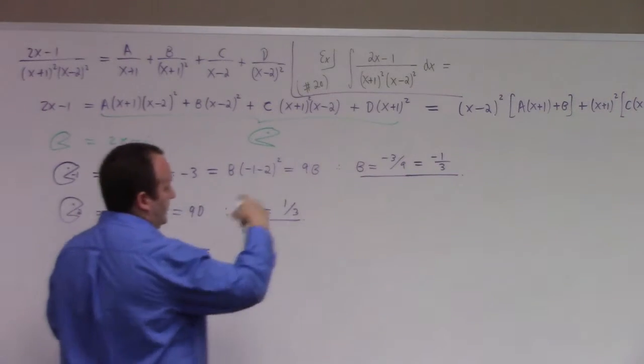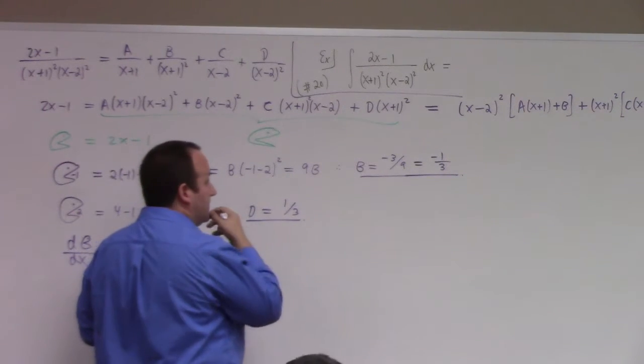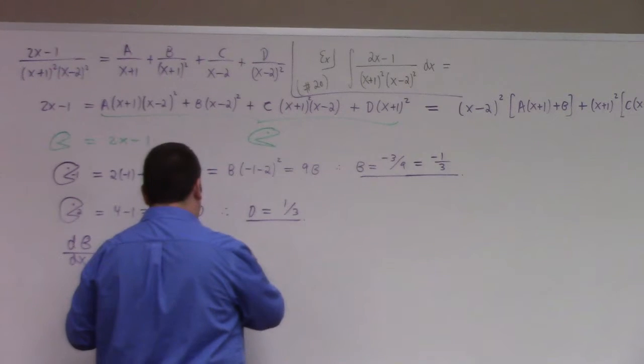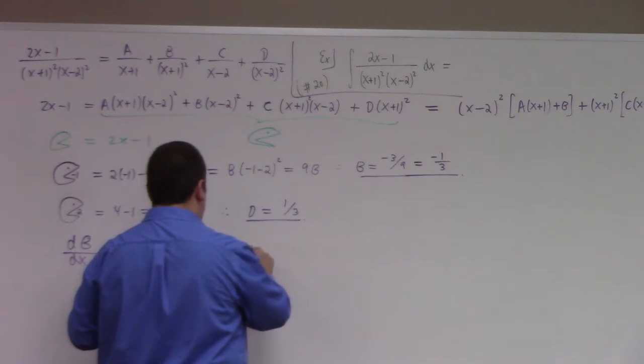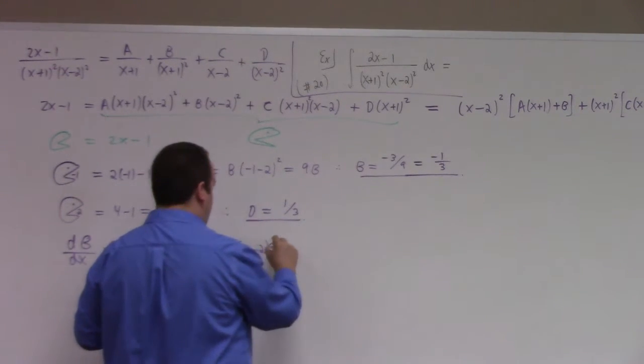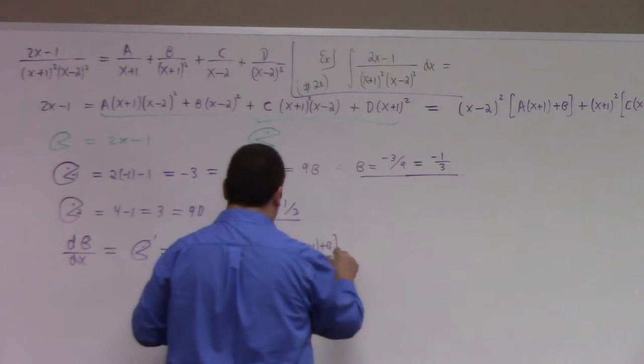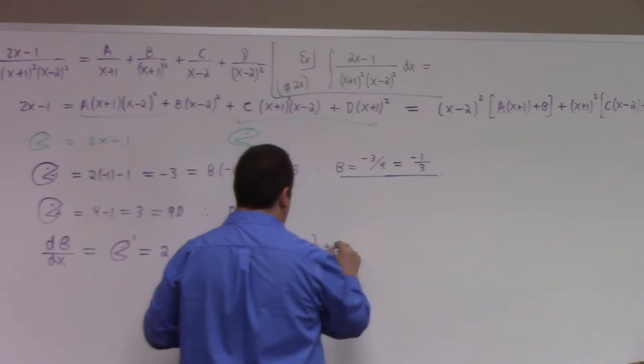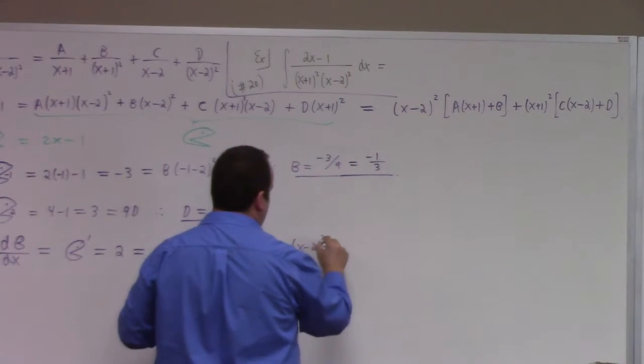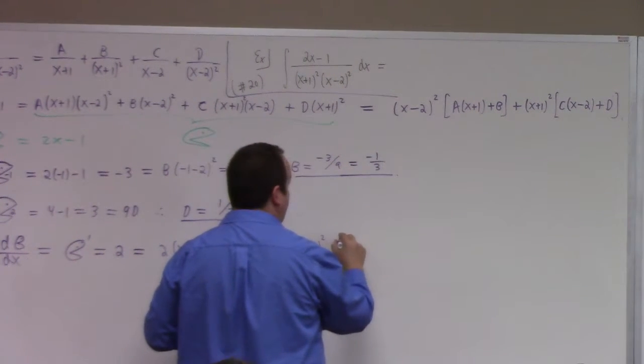All right, so what happens? I'll write this out. So that's 2 times x minus 2 times the thing in brackets, a times x plus 1 plus b, right? Plus x minus 2 squared times what?